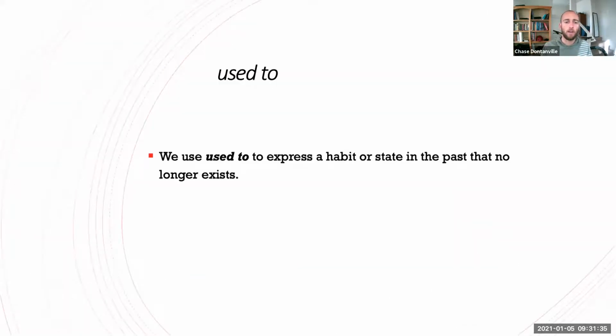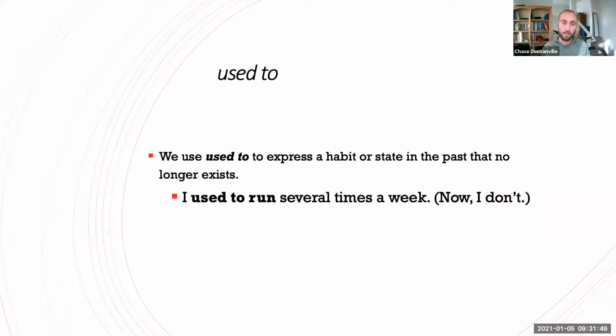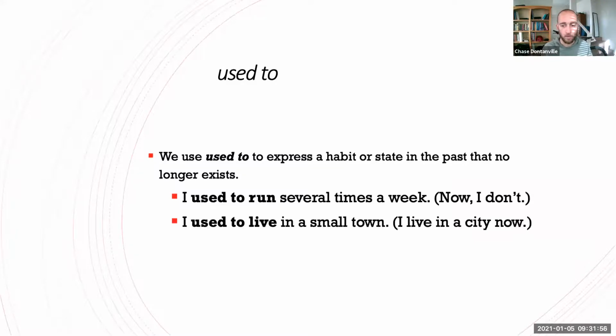We use the phrase used to express a habit or state in the past that no longer exists. Again, this is for the past. For example, I used to run several times a week. Now I don't. I used to live in a small town.